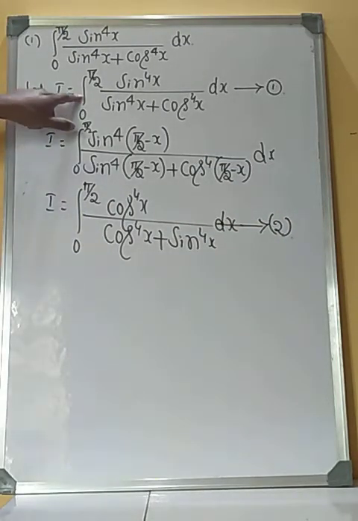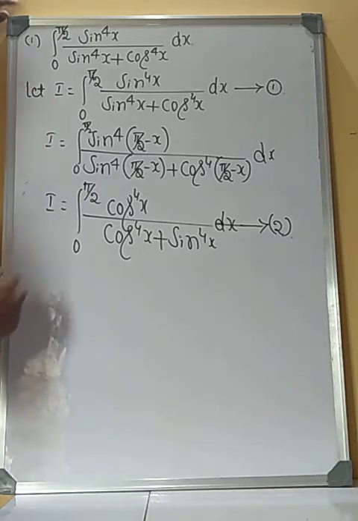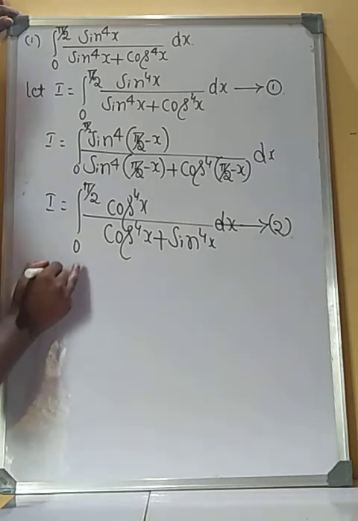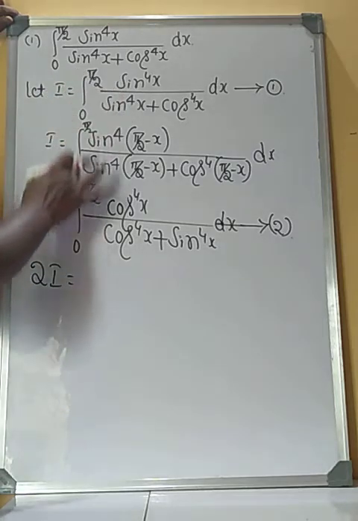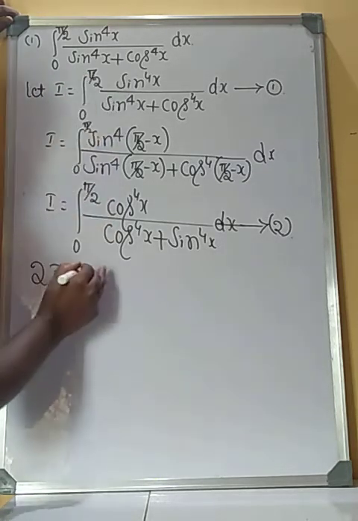Adding equation 1 and 2. So left hand side I plus I becomes 2I, and the integral from 0 to pi by 2 is common.